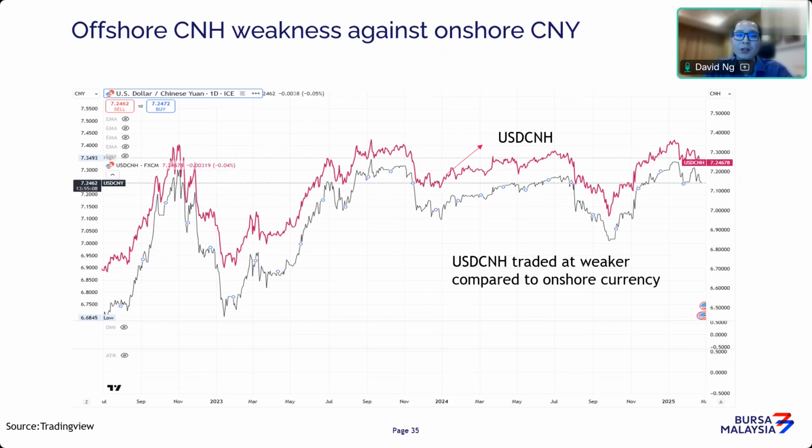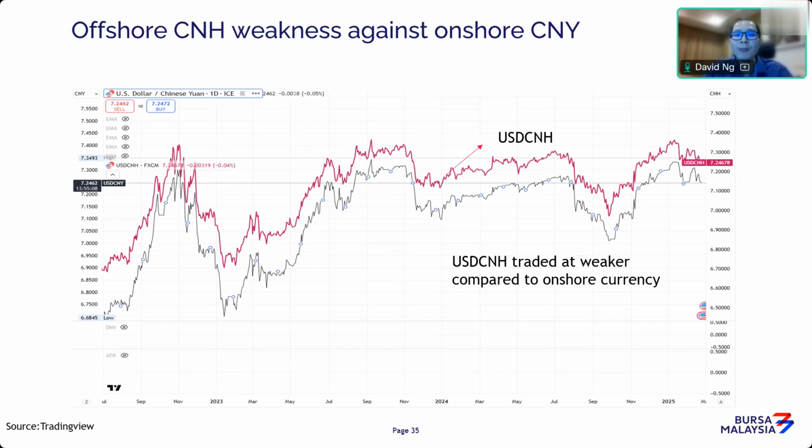The major reason is that in the offshore currency, the government can't really maintain a certain degree of control, because it's a market where a lot of foreign players can also participate, and therefore can also help determine prices. While for onshore currency, the government has more control. The government can implement measures and policies to restrict the demand and supply of local currency, but they can't do it on the USD CNH.